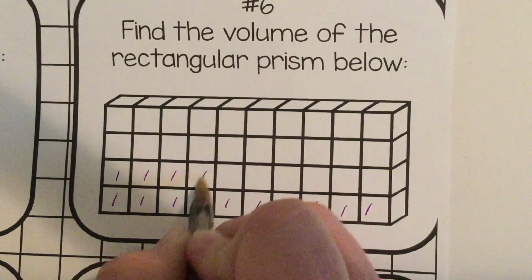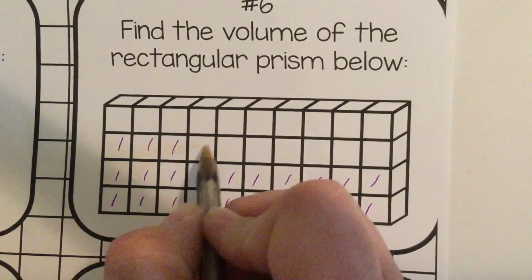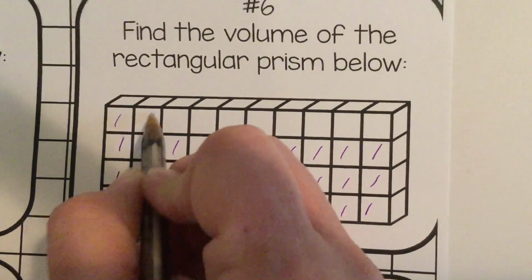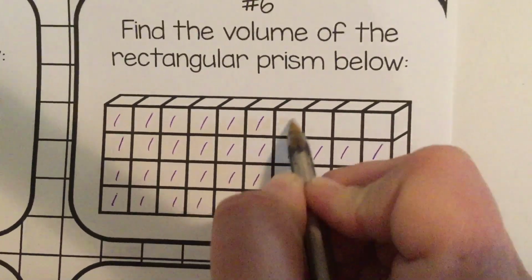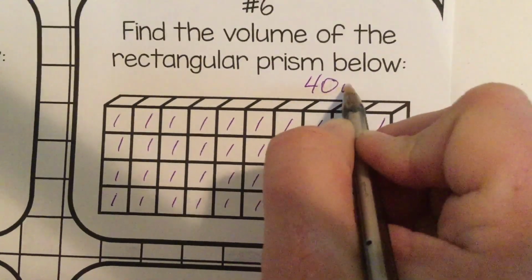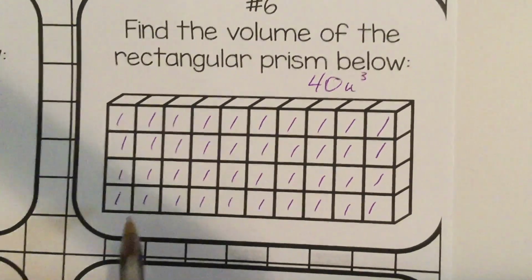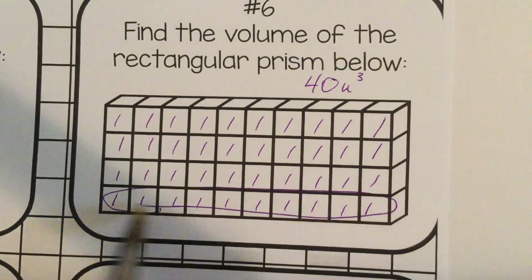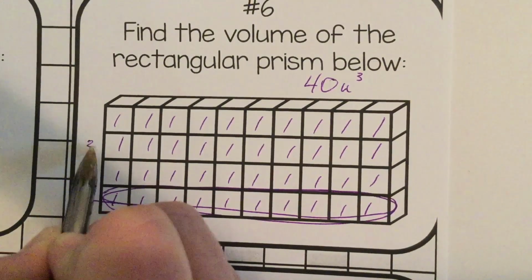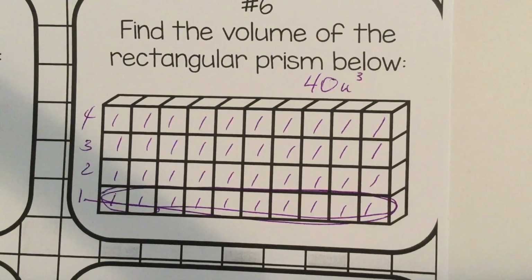Then I keep counting up to 40. So this one made 40 units cubed. Okay, or you could have said there's 10 in this first row, and there's 1, 2, 3, 4 rows, and 10 times 4 is 40, right?